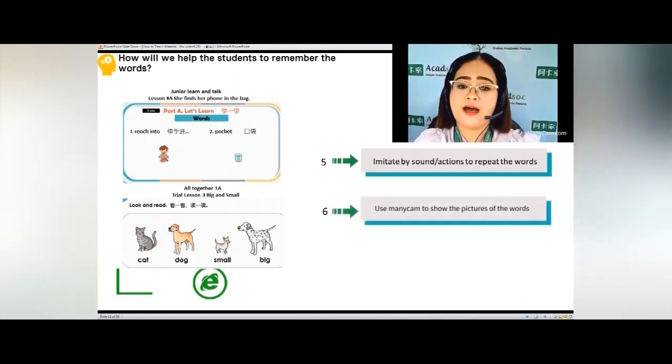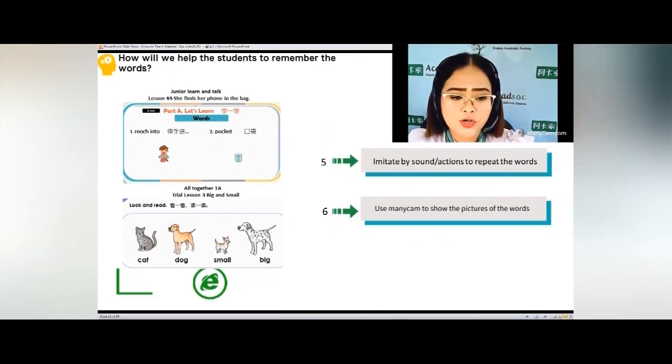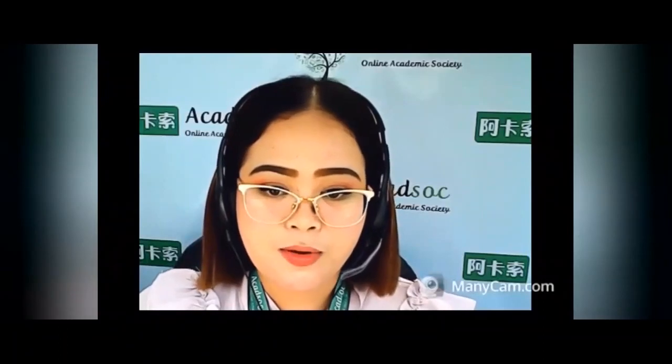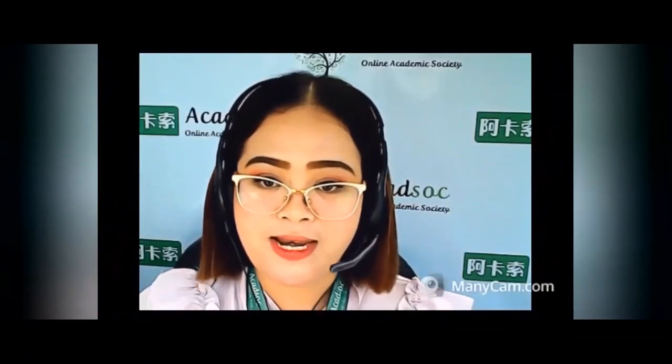Now, we do have here, use ManyCam to show the pictures of the words. So, guys, it's really very easy and it's interesting to use the application ManyCam. It could make your class more fun. Okay, so I'm going to share my screen with you as to how you can do it. Say for example, I'm going to open, here you go, ManyCam.